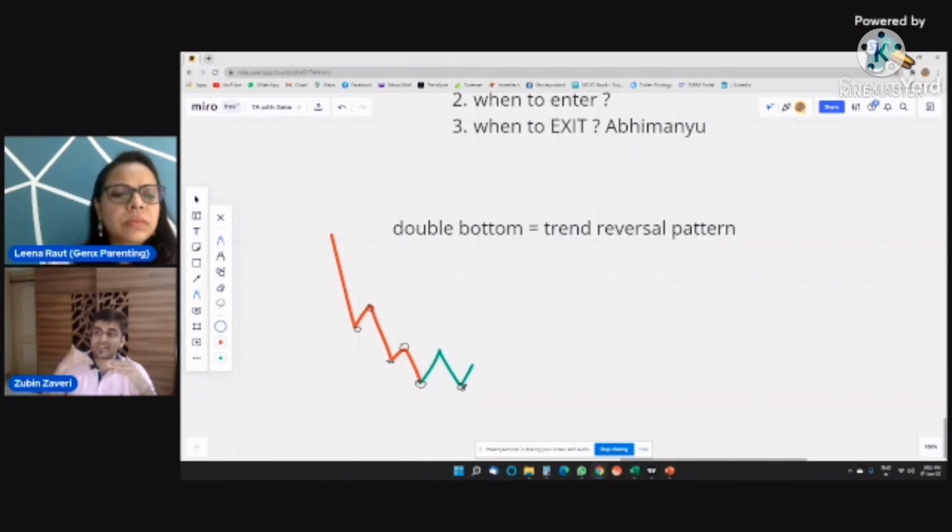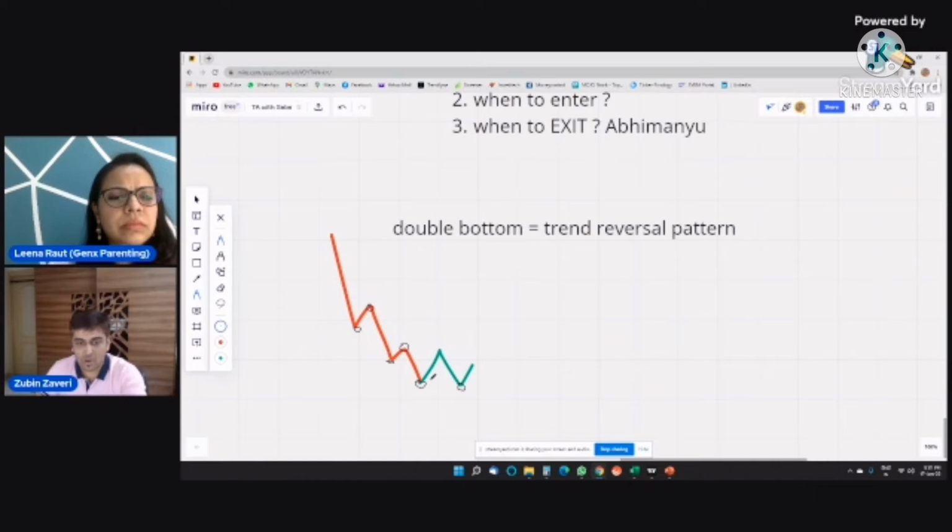Why did prices stop falling? Because someone started buying, and against the supply that was coming in, someone created an equal demand, and because of that, the prices stopped falling.